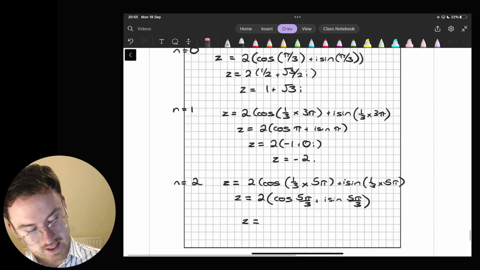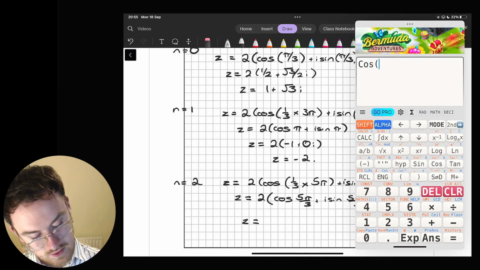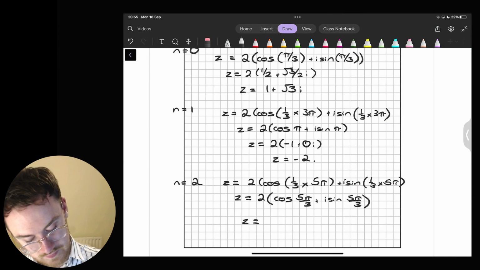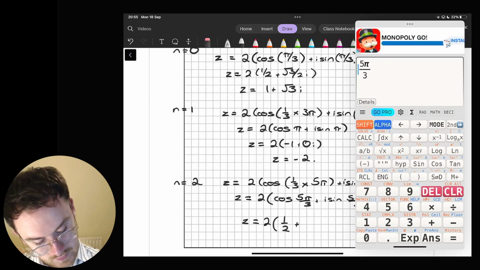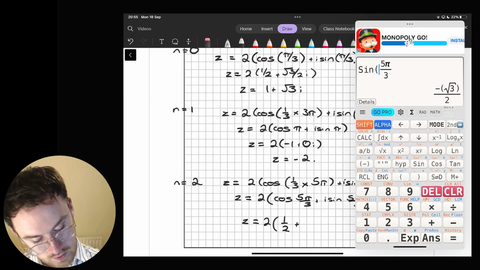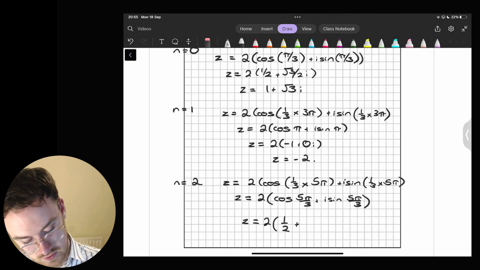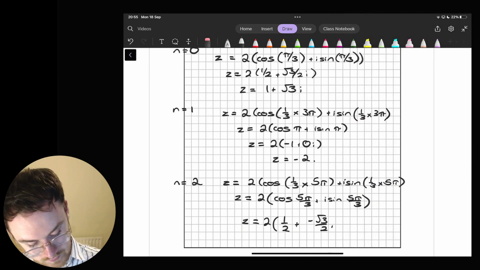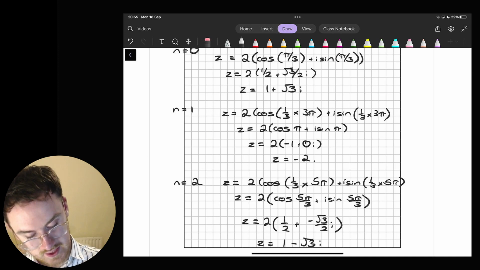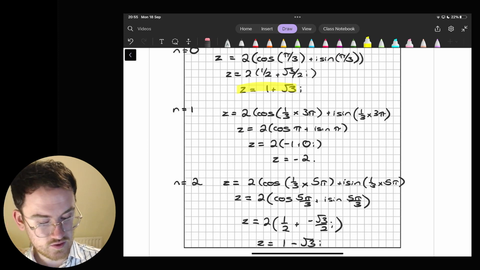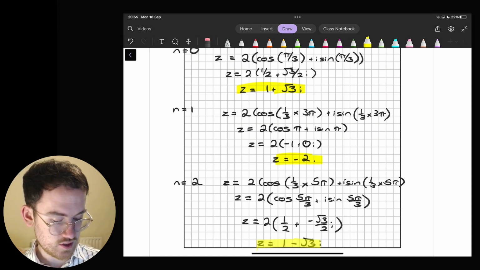We get that z then is, so work that out, cos of 5 pi over 3 gives me a half, and sine is minus root 3 over 2. That gives me 1 minus root 3 i. And those are again my 3 values for z, my 3 solutions.